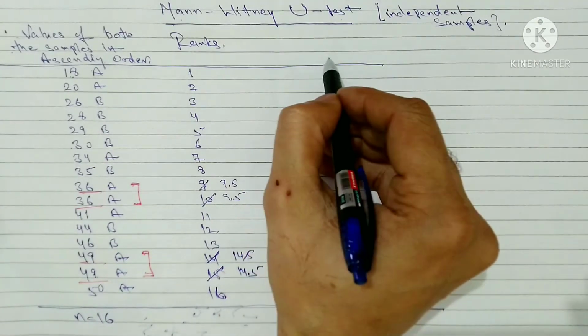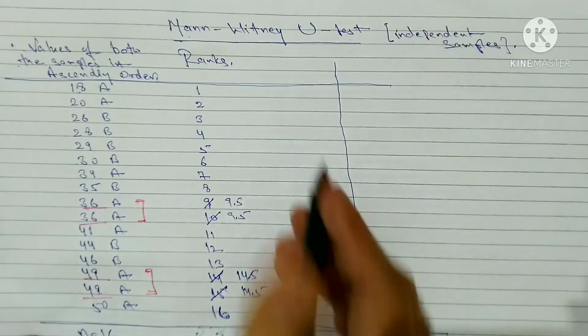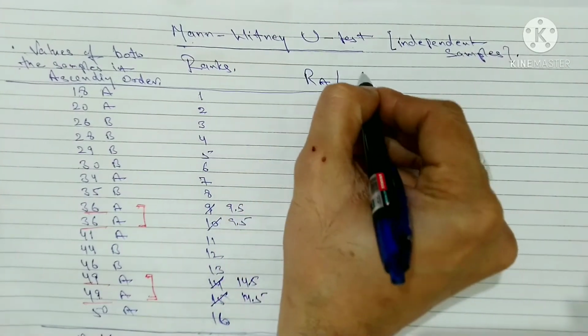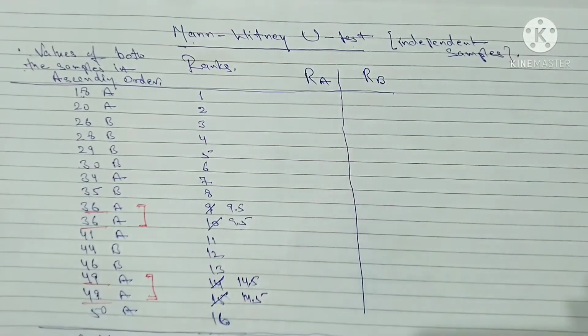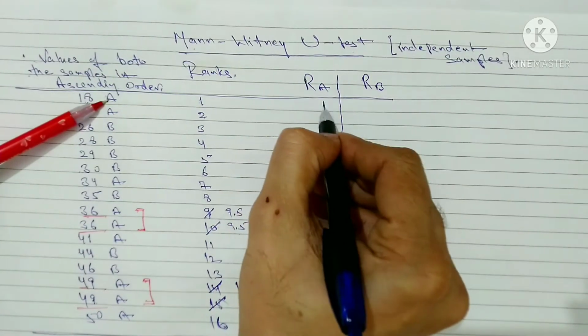Now calculate RA and RB, the ranks of the samples. RA is the rank of sample A, RB is the rank of sample B. First rank is from sample A, write on the A side.